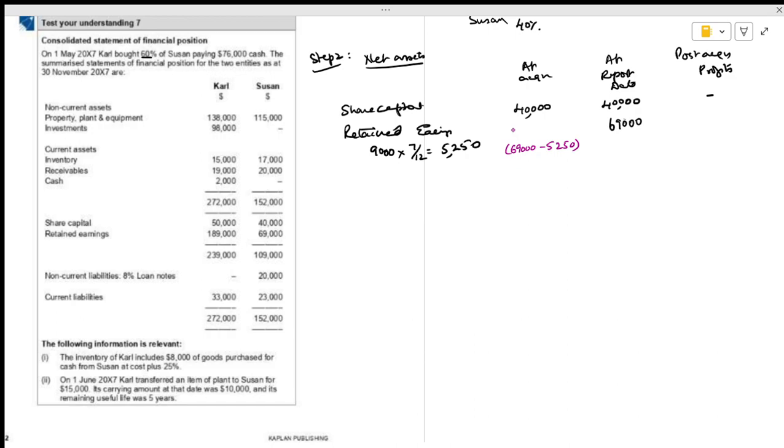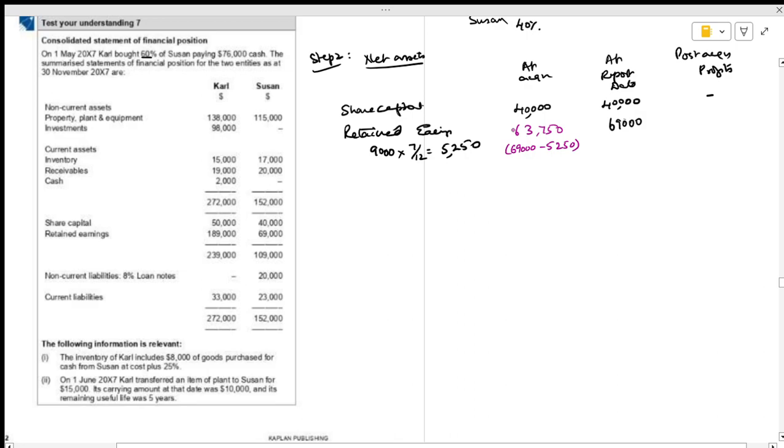That is the reason we take only the profit at acquisition. Definitely we have to exclude it. 69,000 minus 5,250 is 63,750.